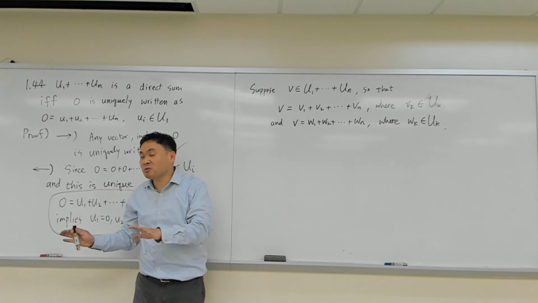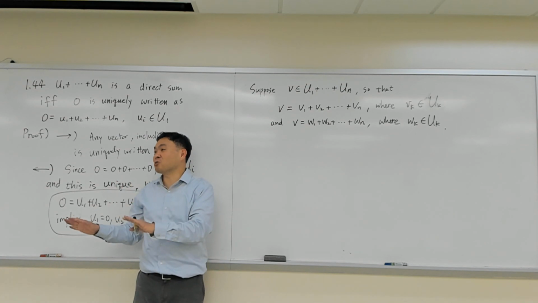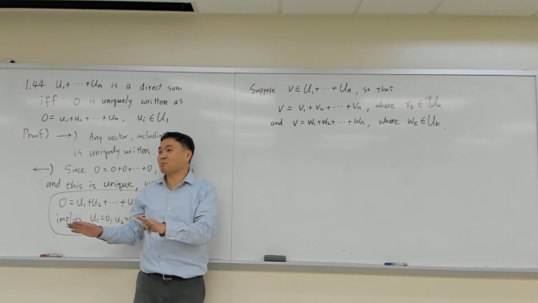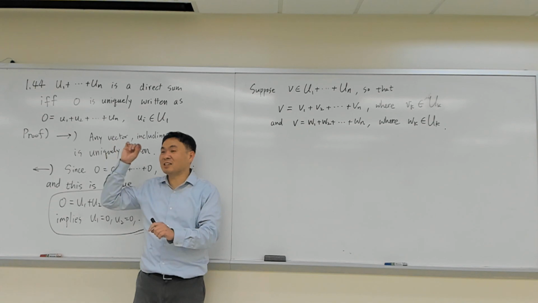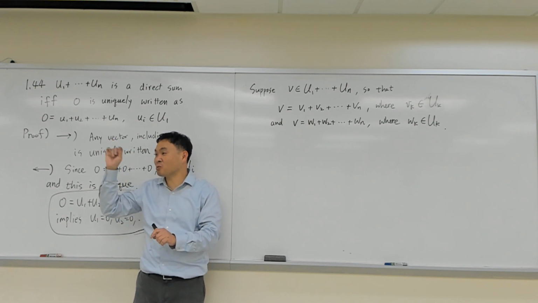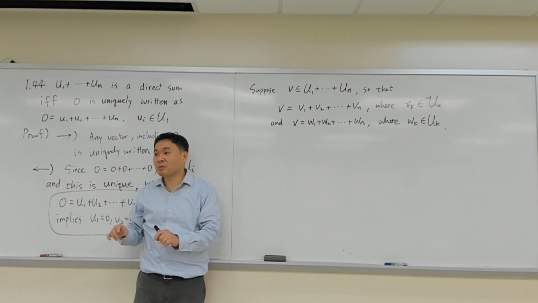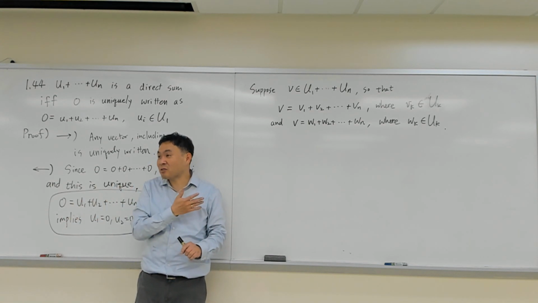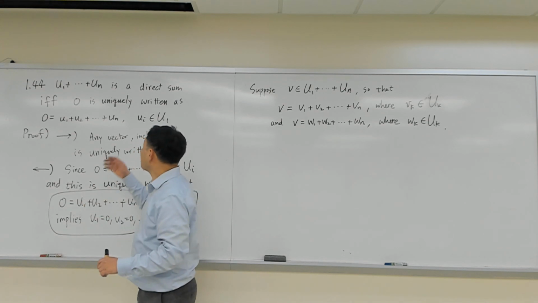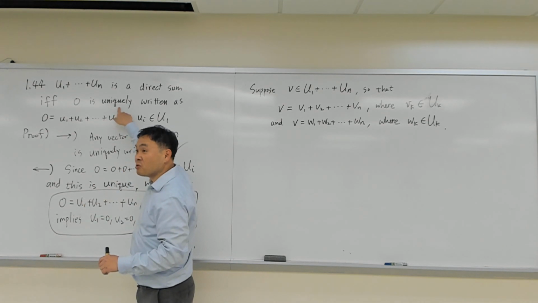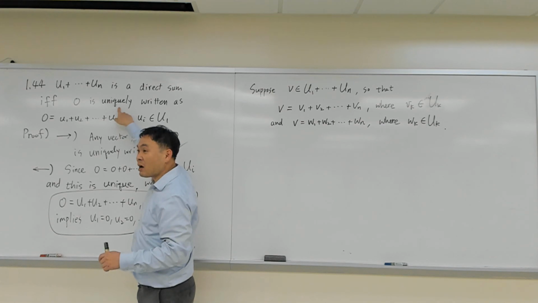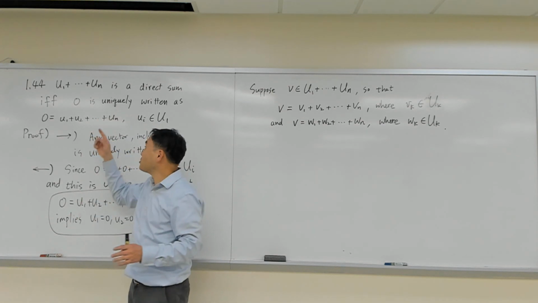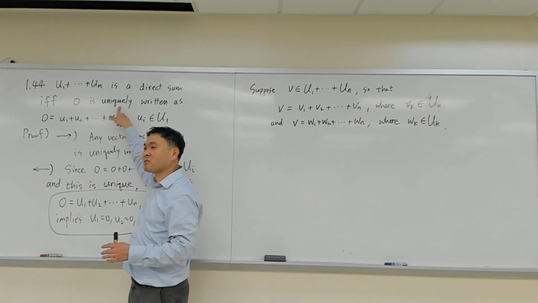Okay. In some proofs, you should just be able to do it by thinking about each and every detail of what the conditions mean. However, for some proofs, you have to learn the method of proof. See, we've used this word uniquely. That's an English word, right? When you write down the proof, you have to think, how do I represent that in math?